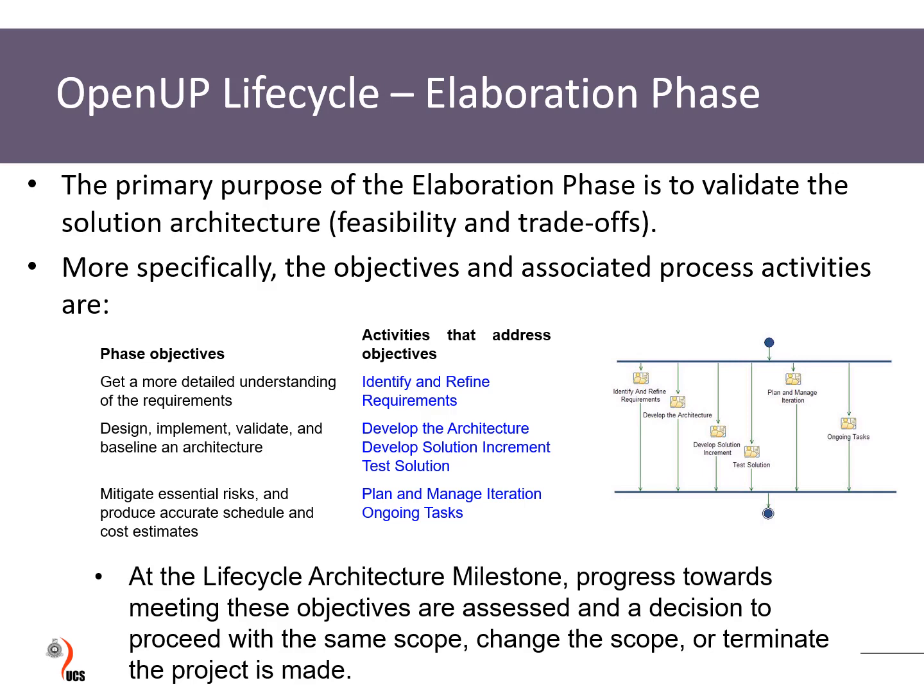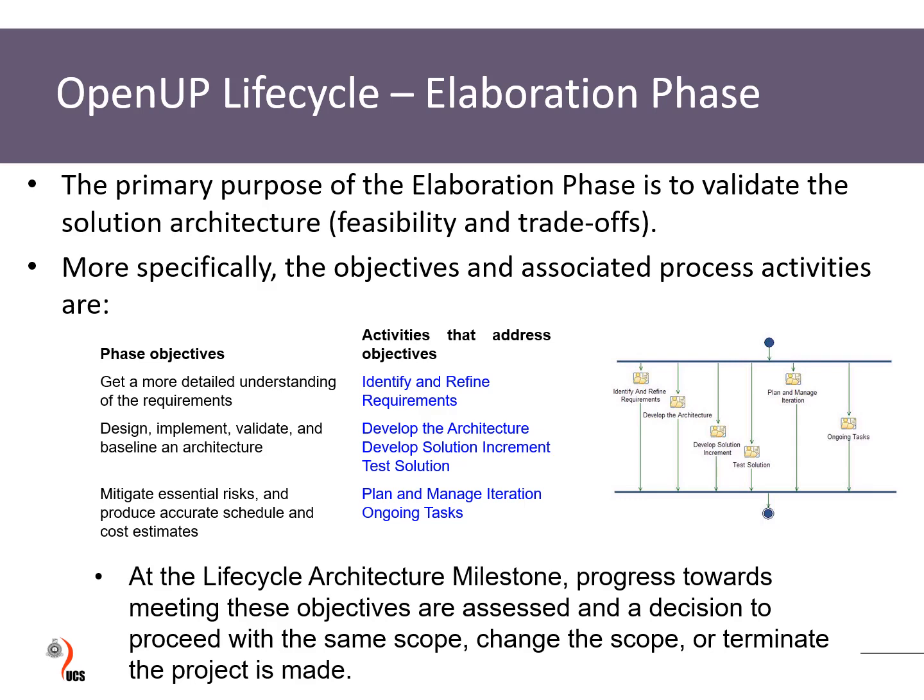This is a continuation of the previous phase, and they continue from top to down. Then design, implement, and validate the baseline architecture, the most important one. They have to finish this before they go to the next phase, and develop the architecture, develop the solution increment, and test the solution.